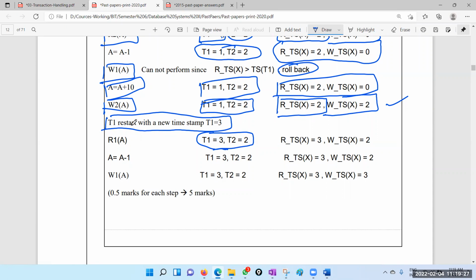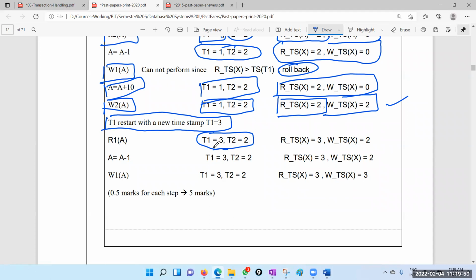Sorry, you check only the write timestamp. Okay, write timestamp. Now, your timestamp is 3. The write timestamp is 2, right? Write timestamp is 2 because that is the transaction time of transaction 2. So now you are younger. You can do the read because your timestamp is 3.